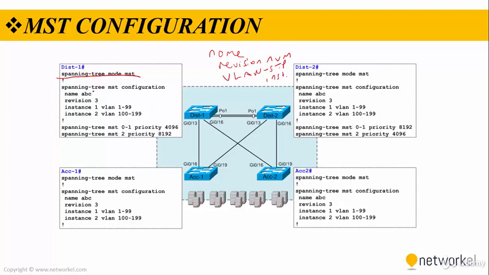As you can see, we defined ABC as the name, revision number 3, and VLAN to instance mappings on all these switches. Please pay attention that because these values (name, revision, and VLAN to instance mappings) are the same, all of these switches belong to the same region.